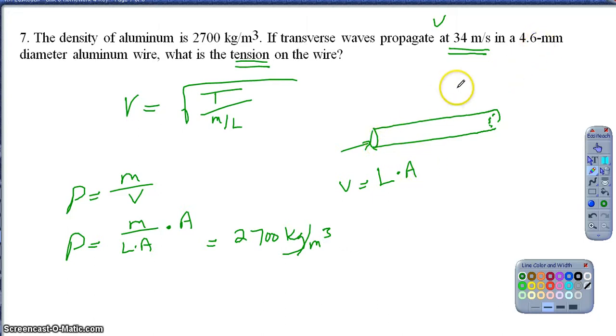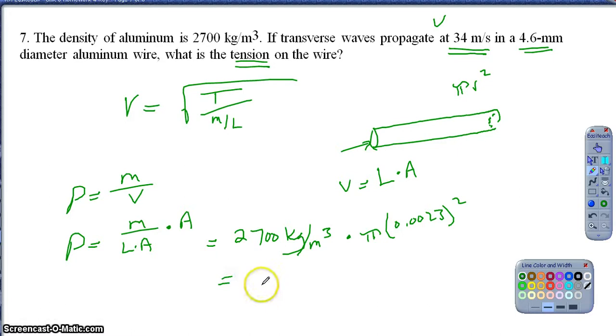Well, the area of a wire, if it's a circular wire, is pi r squared, right? So I'm going to find my radius, so I'm going to cut the diameter in half, multiply it by pi, and then again just multiply that whole thing by this number here. So multiply this by pi times half of the diameter, so 0.0023 when I convert that to meters and then to the radius, and square it.